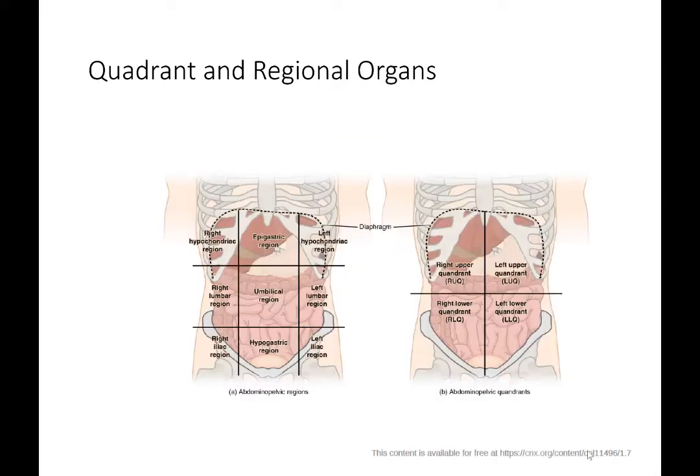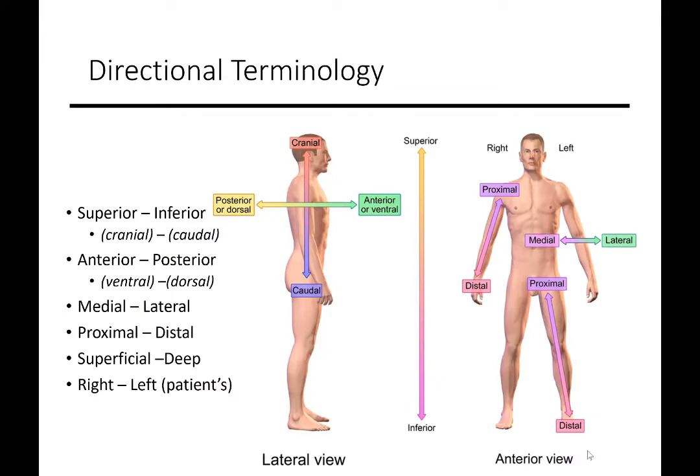In this image, you can see sort of a see-through view of the body where you can see some of the organs beneath the checkerboard, so you can see where they would be located. The directional terminology is utilized in a sentence, and you do need to know how to use them in a sentence.